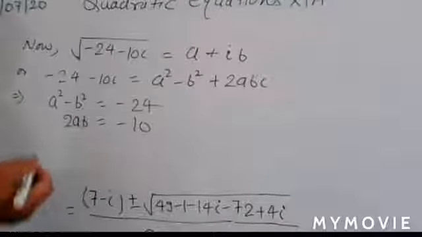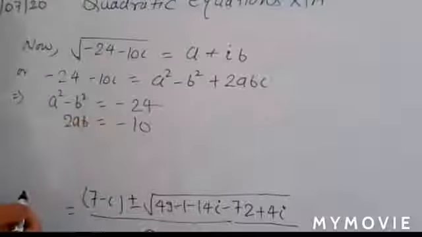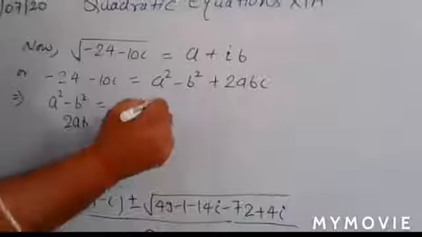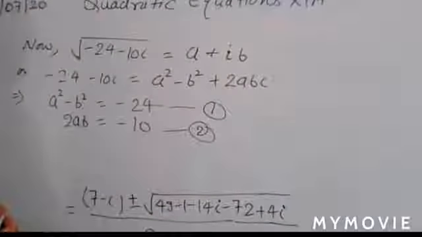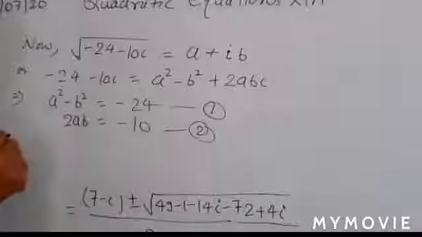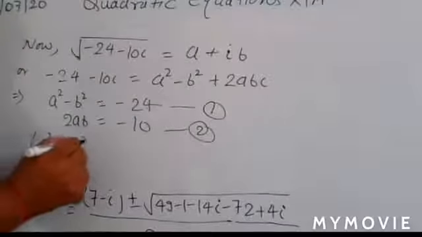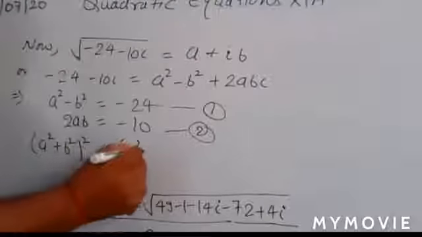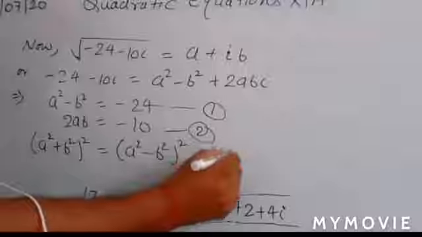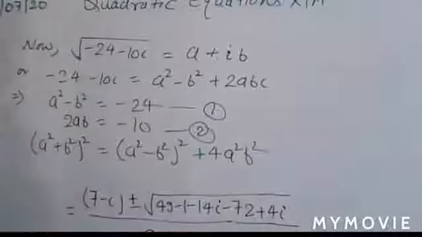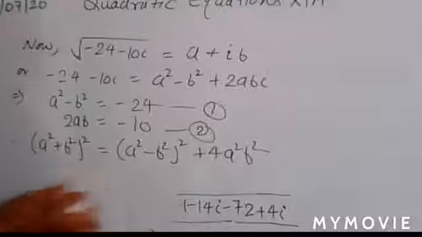Understand? Now by using an identity, you will have the value of a square plus b square. Suppose here you have your first equation, and that be second. Now a square plus b square whole square is equal to a square minus b square whole square plus 4 times of a square b square. Yes, using this identity, find its value.